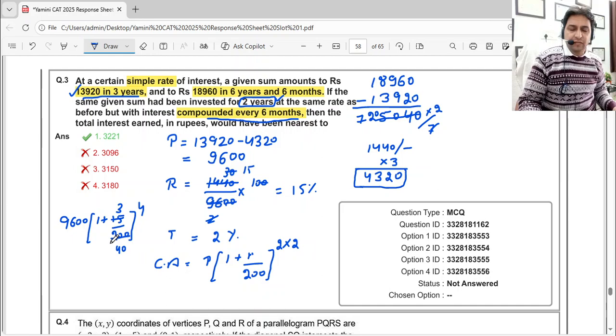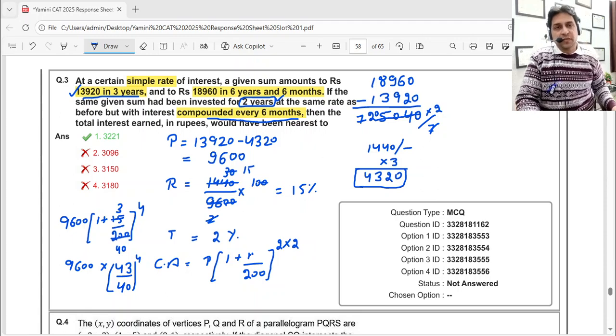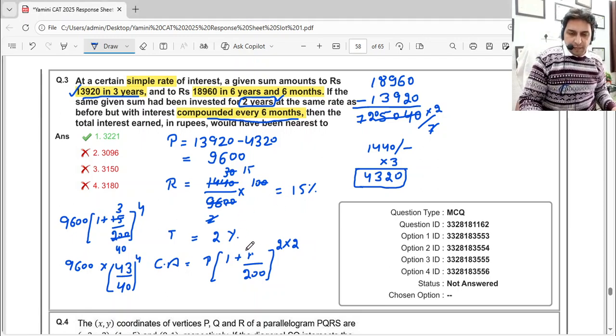In the CAT you have the calculator also, you guys use the calculator from there, that's not a big problem. So it is 9600 multiplied by 43 by 40 raised to power 4. This is the calculation which you have to do and you'll get the answer. Now let's do the calculations on the calculator.